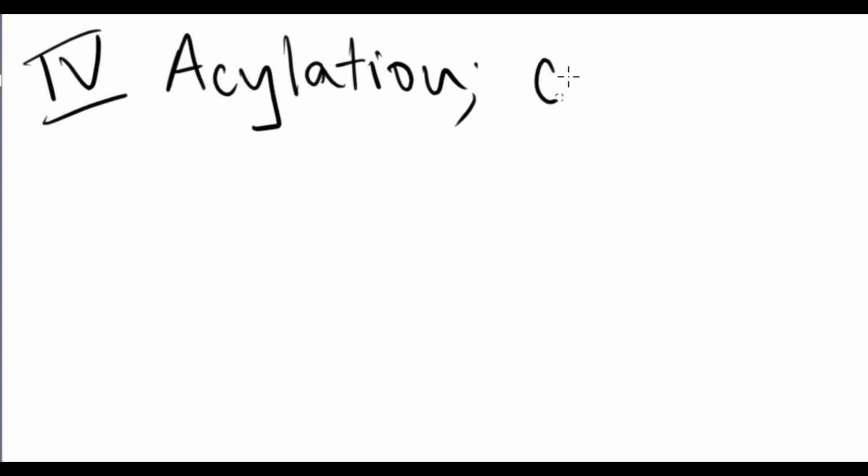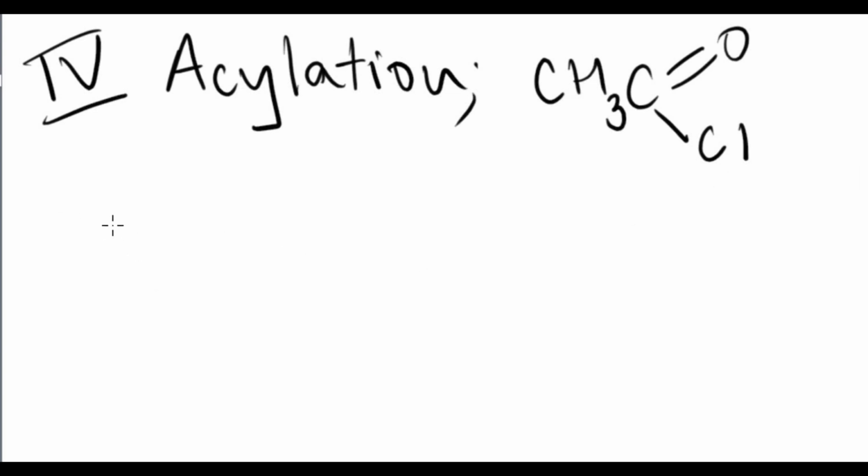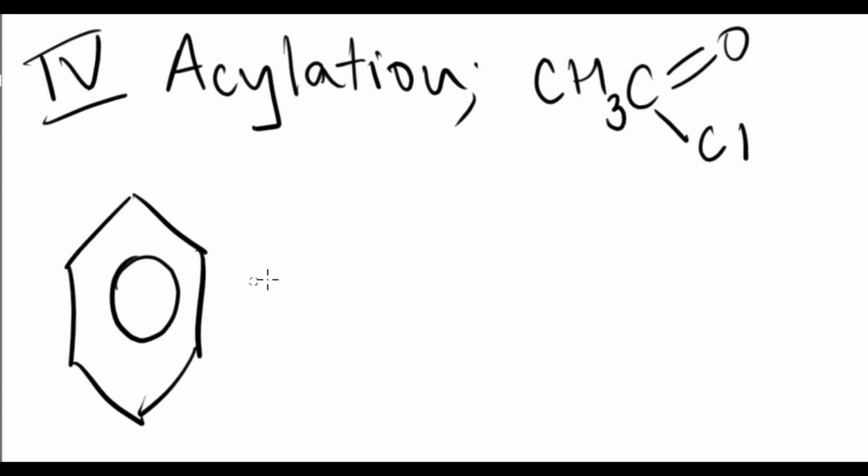Okay, reaction number 4 is acylation of benzene. I will speak about acyl chlorides or bromides in another video, but you need to know that an acyl chloride is an acetic acid with, instead of the hydroxyl group, a chlorine, and it is extremely reactive.